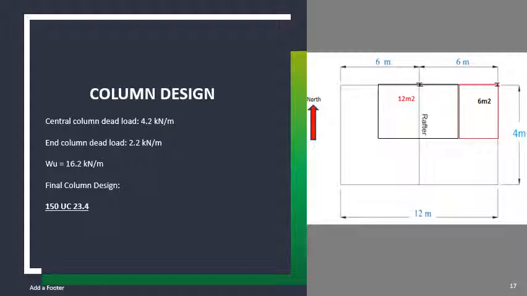These values for the loads were then substituted into an array of load combinations to find the maximum normal force and a maximum moment force with their corresponding normal force. With these values of maximum and corresponding forces, a column was selected and checked for safety for each central and end, both being consistent as 150 UC 23.4.